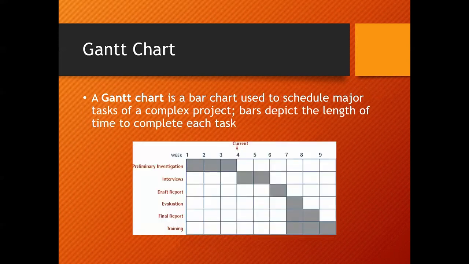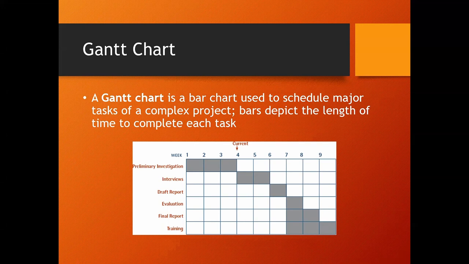A Gantt chart, on the other hand, is a bar chart, and it is typically used for scheduling. It is helpful to schedule a task or a complex project, especially when tasks are related. Say here, we cannot complete or even start interviews until the preliminary investigation has completed.